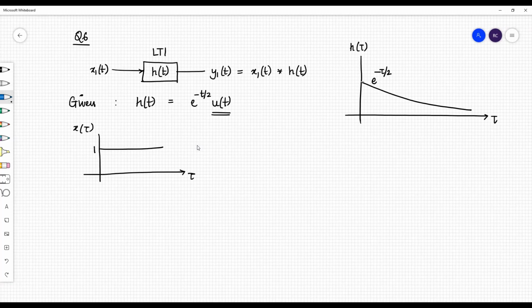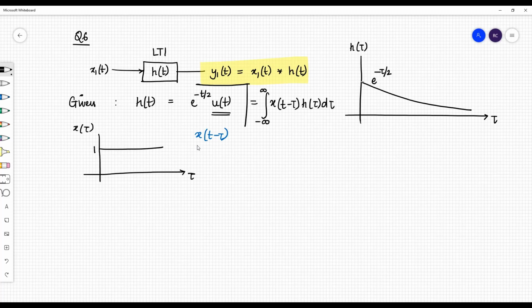Remember what I want eventually: I want x(t minus tau), because to find convolution, I am looking to find this expression, the integral from minus infinity to plus infinity of x(t minus tau) h(tau) d tau. This is what we need to compute.